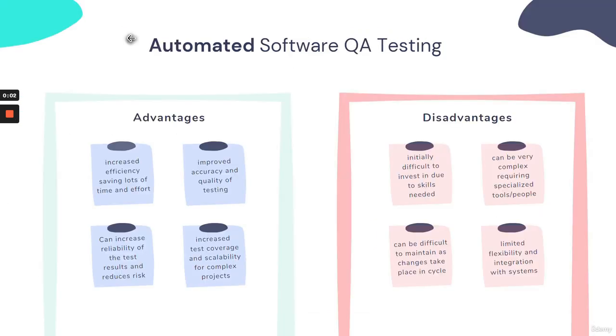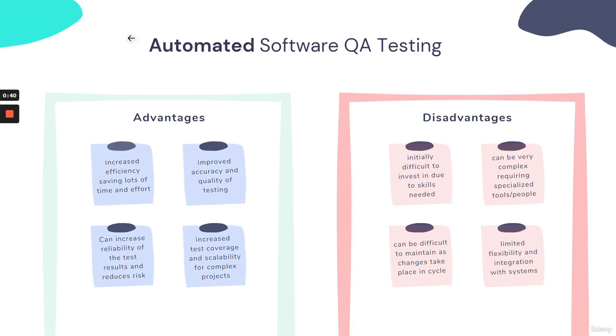Let's discuss some of the advantages and disadvantages of automated software QA testing. Some of the advantages of automated software testing include increased efficiency, saving lots of time and effort, improved accuracy and quality of testing, increasing reliability of the test results and reducing risk, as well as increased test coverage and scalability for complex projects.